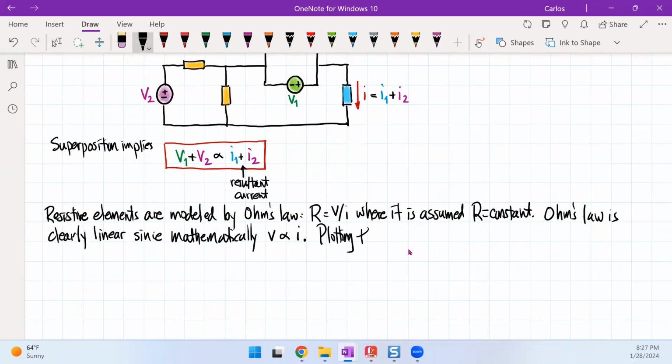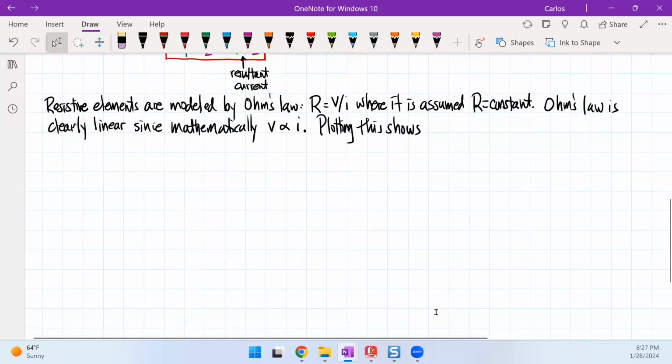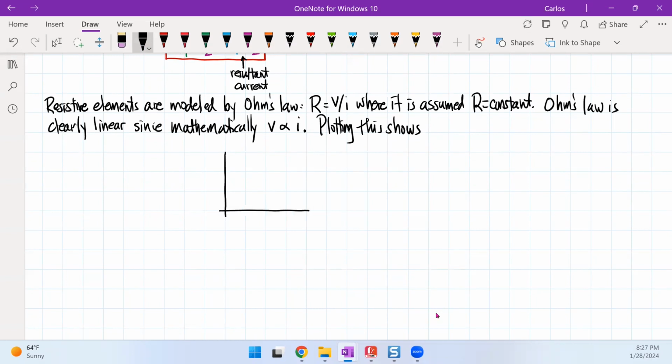Plotting this shows that if I plot current versus voltage, then I'm going to have a linear line where the slope in this case is going to be 1 over R. And if it's ohmic, that slope has to be a constant. That's why we know resistors have to be linear.